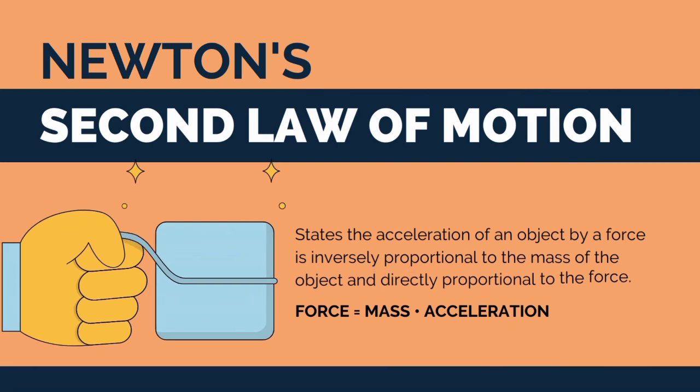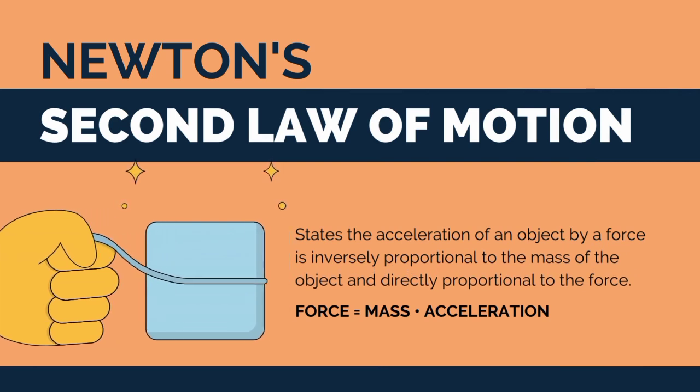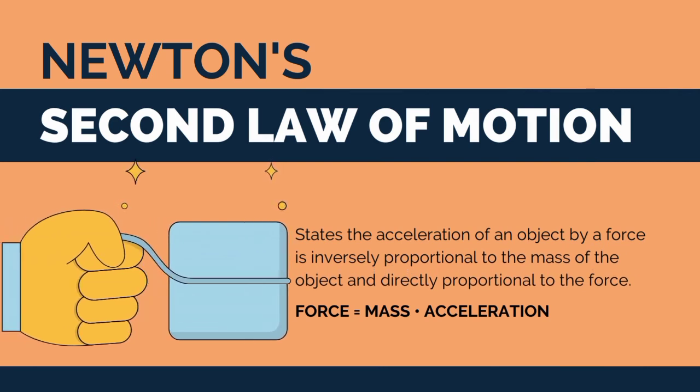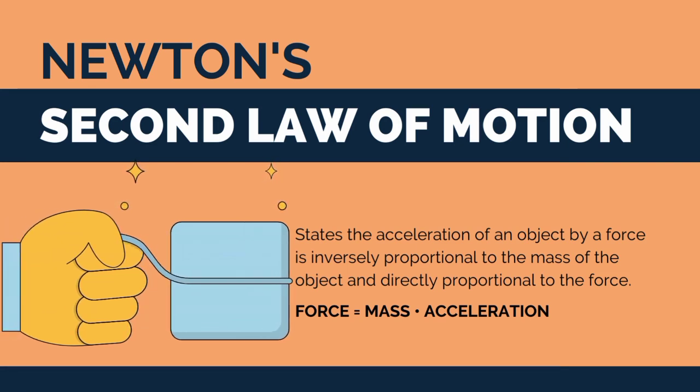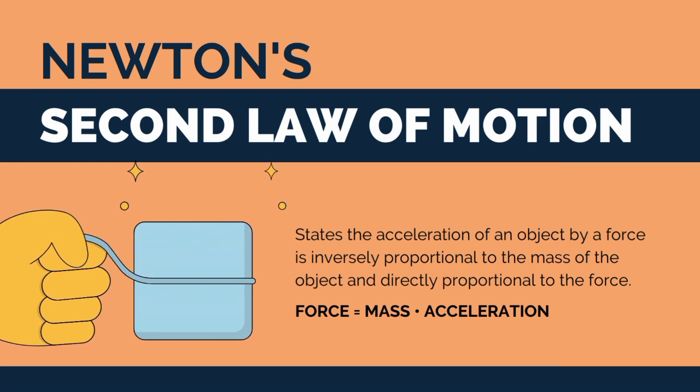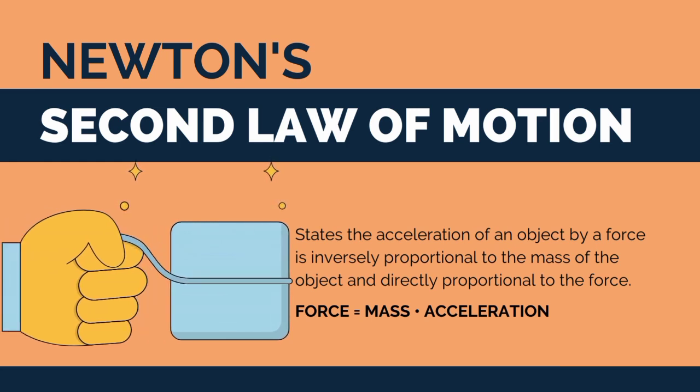And then Newton's second law of motion. Newton's second law states that the acceleration of an object produced by a force is inversely proportional to the mass of the object and directly proportional to the force.